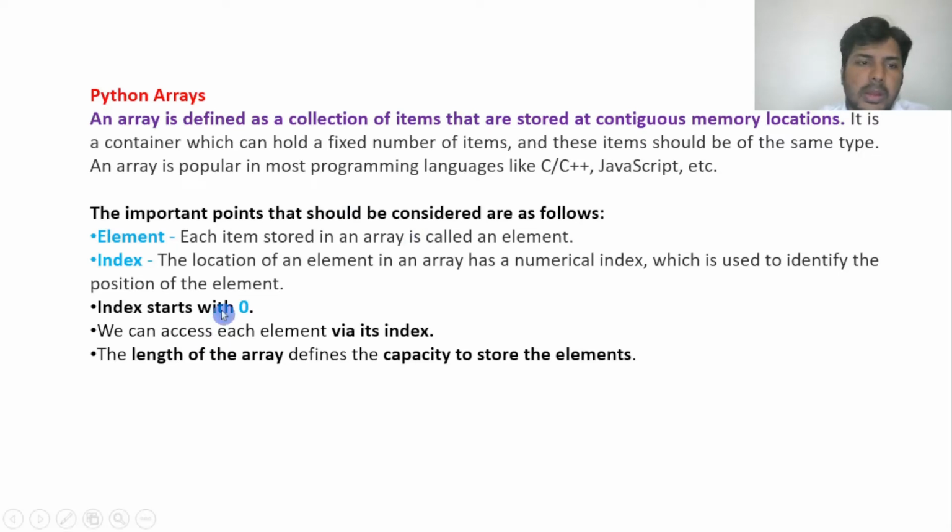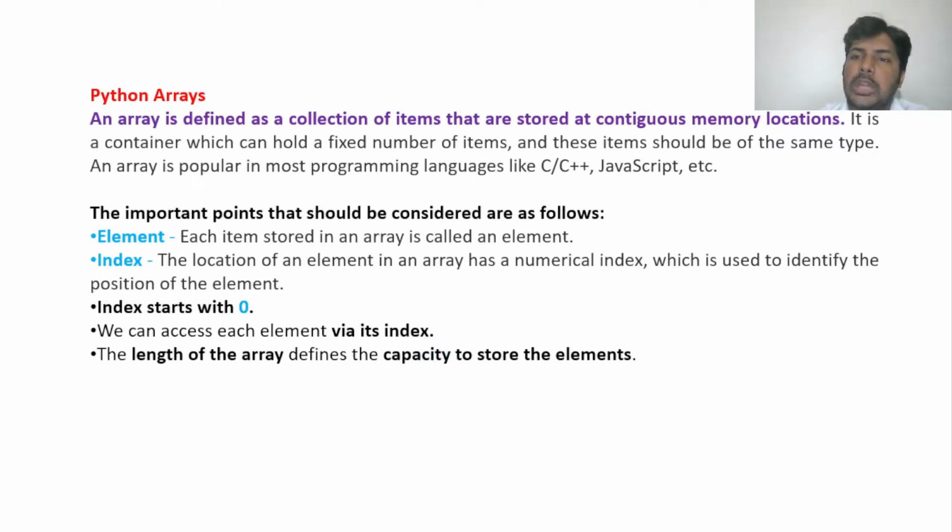Other than this, the index starts with 0. As I said, if you store 5 items, the first item will be stored at position 0. We can access each element via its index. Each element, we are not saying all the elements. If you want to access all the elements, you don't need an index.